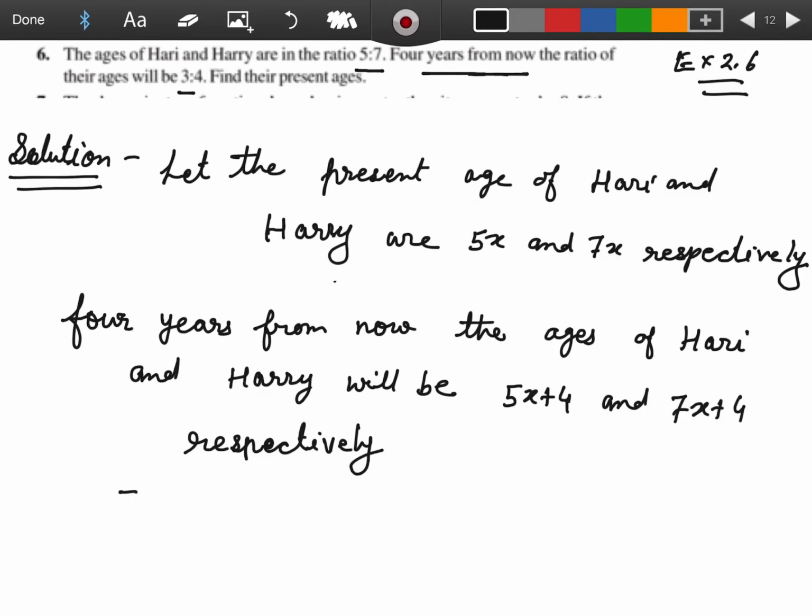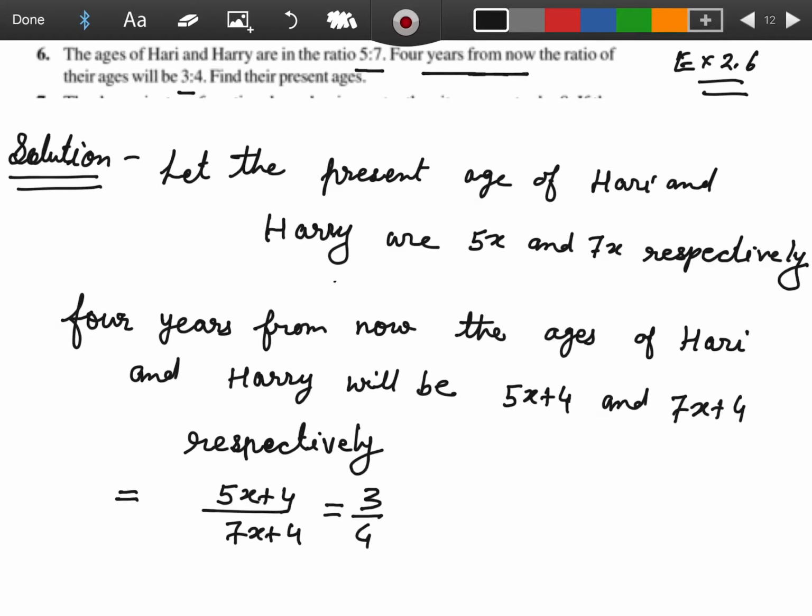And after 4 years, the ratio of their ages will become 3/4.